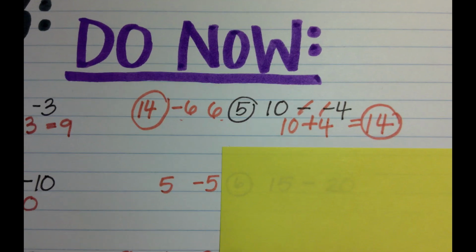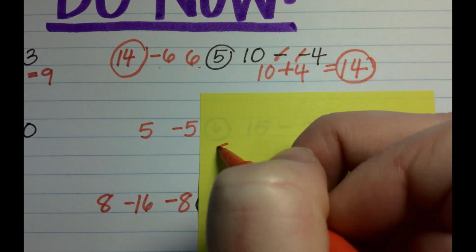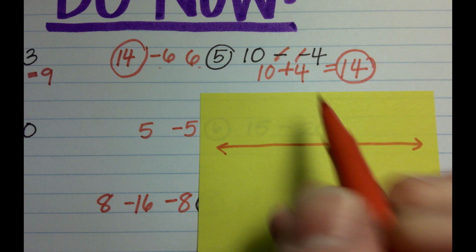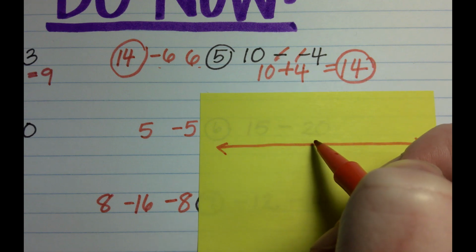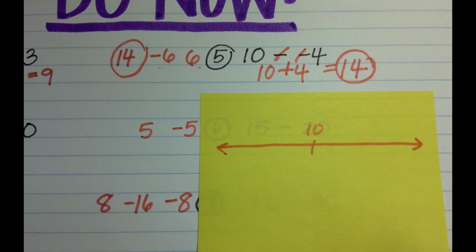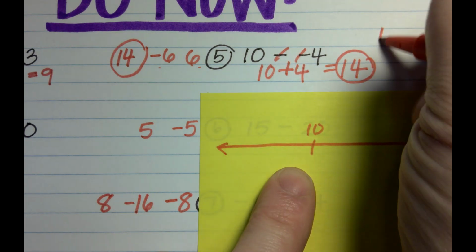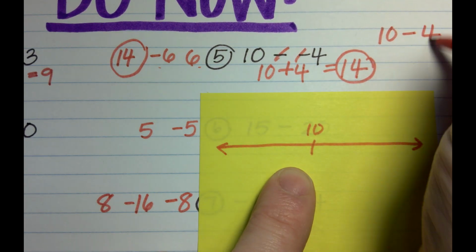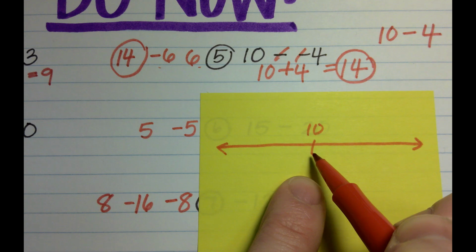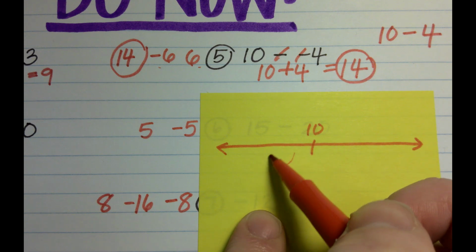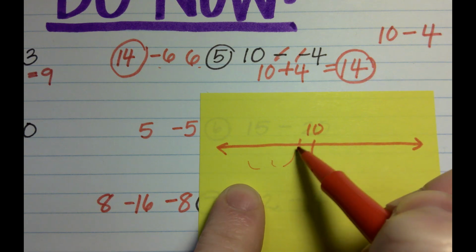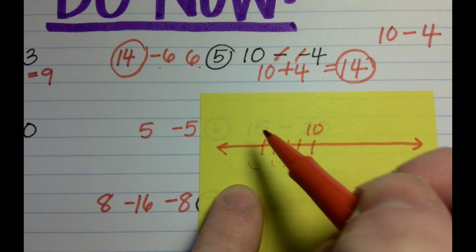So our starting number is 10. If we did 10 minus 4, we would go back 4: 1, 2, 3, 4, 9, 8, 7, 6.